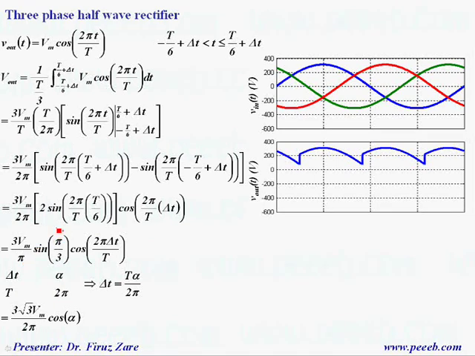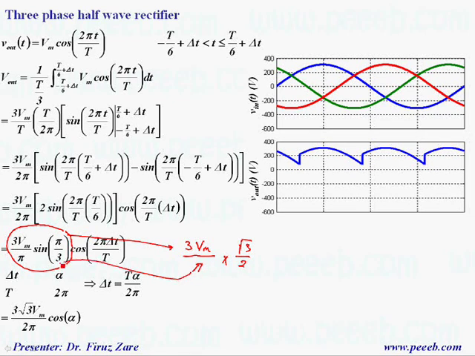That means this term is equal to 3 Vm over pi times root 3 over 2, which is basically this term, and cosine 2 pi delta t over T, when we put alpha in this equation, is cosine alpha. So the output voltage for a 3-phase half-wave rectifier is given by this equation.